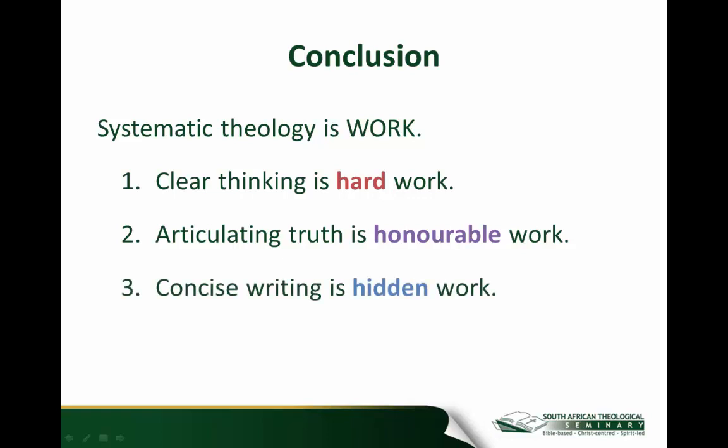Thirdly, and lastly, concise writing is hidden work. It's hidden work. The result of the systematic theology task doesn't look particularly impressive to the uninformed eye. We end with a concise statement or model of a profound and complex reality. Whereas the biblical scholar can write reams about individual details, brevity is a virtue for the systematician.